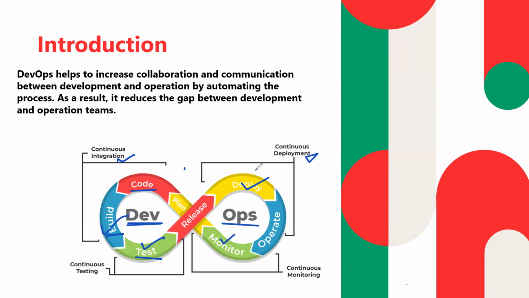DevOps helps us to do continuous integration and continuous deployment. So we will work on all these parts, and we will go into very much detail on all those things. At this moment I am just going through it at a high level. So far, if anyone has any question on this part, let me know.